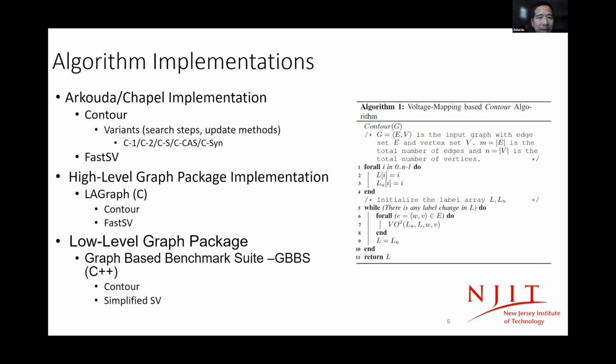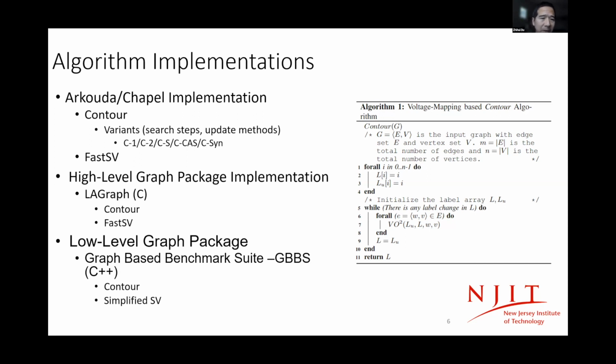At the same time, we also implemented another typical and highly optimized connected components algorithm, FastSV, in CUDA. We also developed different variants of our algorithm, C1, C2, CS, CES, and a synchronized method, just based on using different kinds of searching steps and different assignment methods to show the difference.